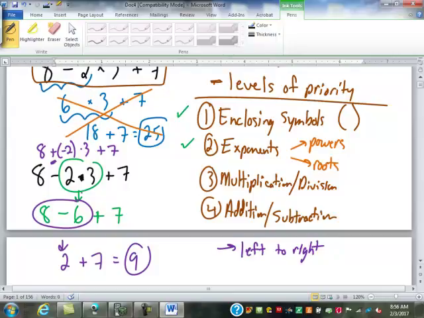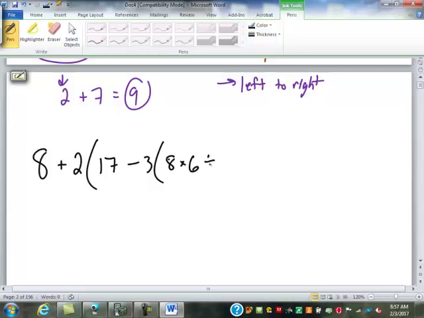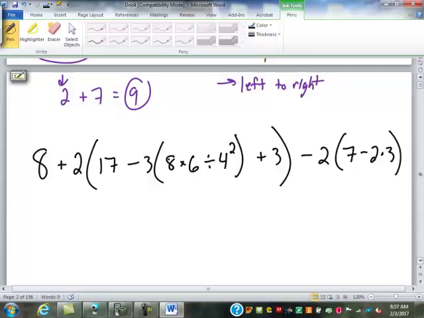So let's look at one that's just a touch more difficult than that. Let's do that.